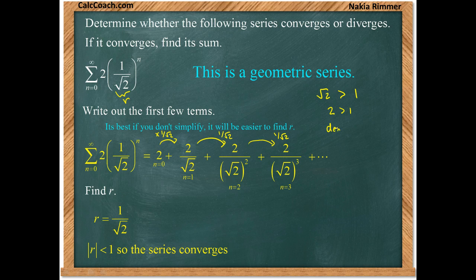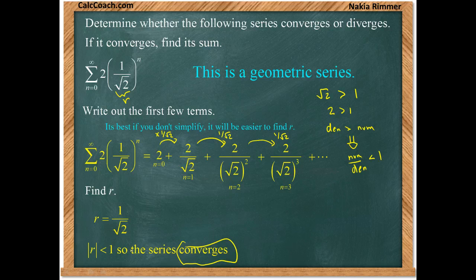A denominator greater than the numerator leads you to the conclusion that the entire thing, numerator divided by denominator, is less than 1. Okay, great. r needs to be less than 1 in absolute value to converge.